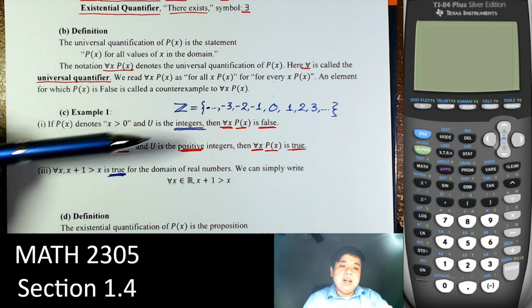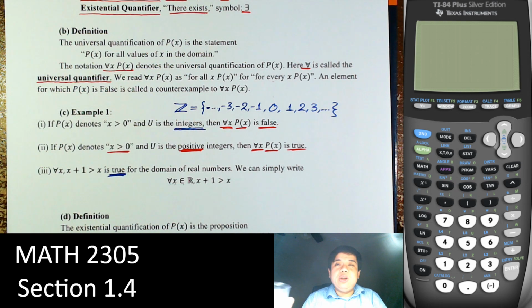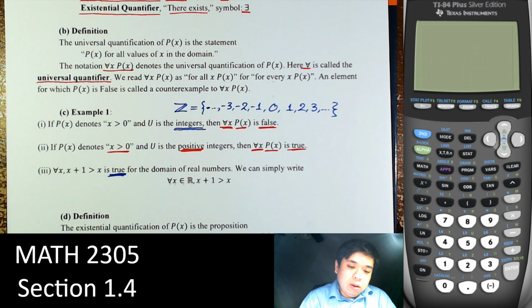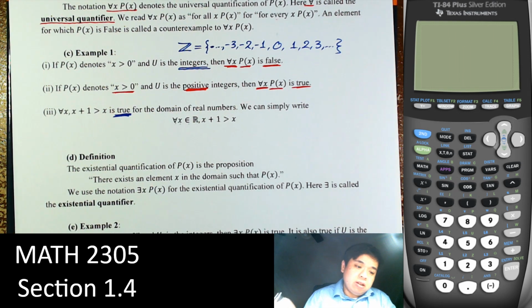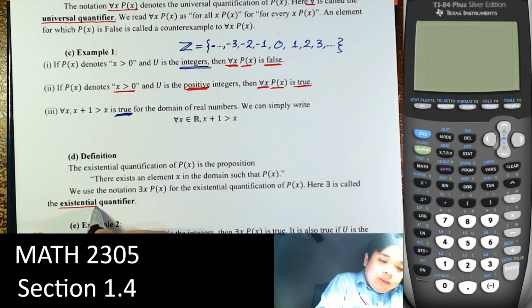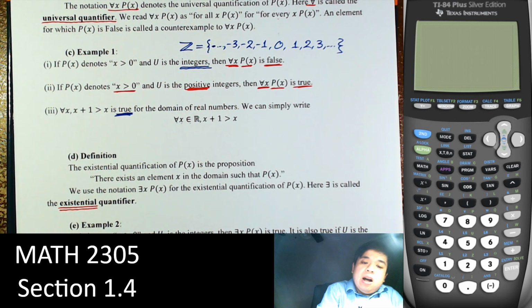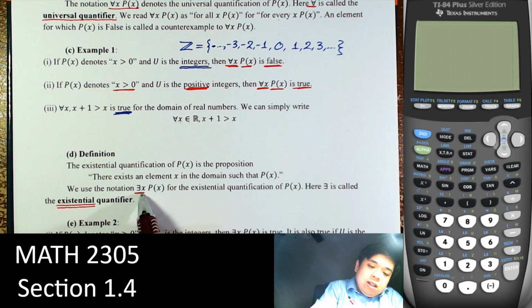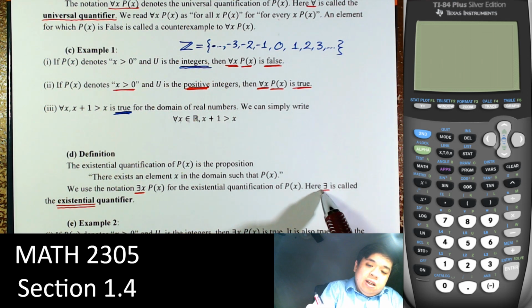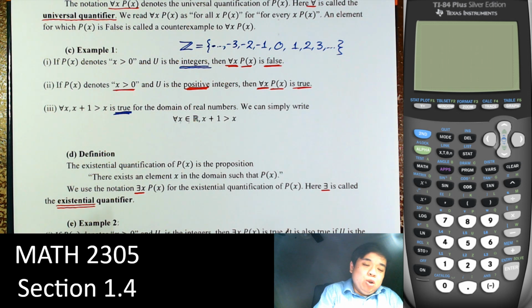So that is the universal quantifier. Next, we define existential quantifiers. The existential quantifier is like that, the backward E, if you will.